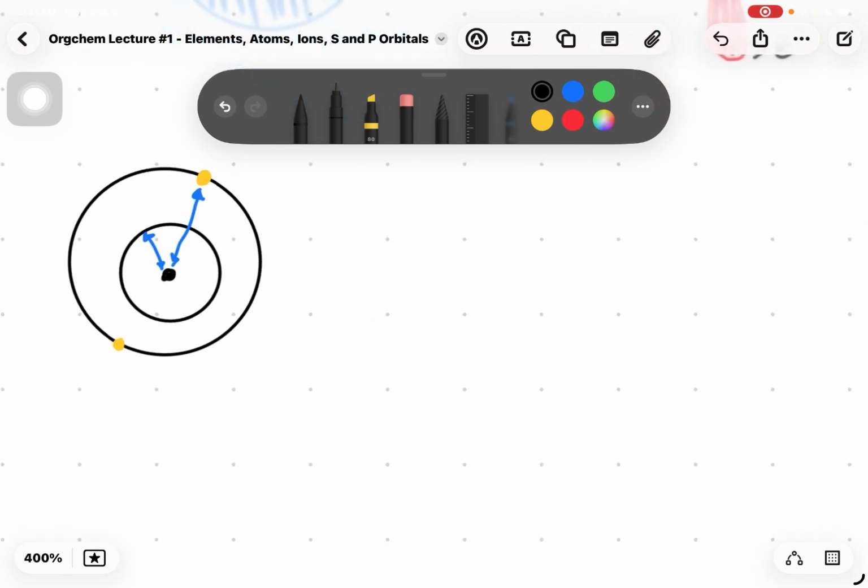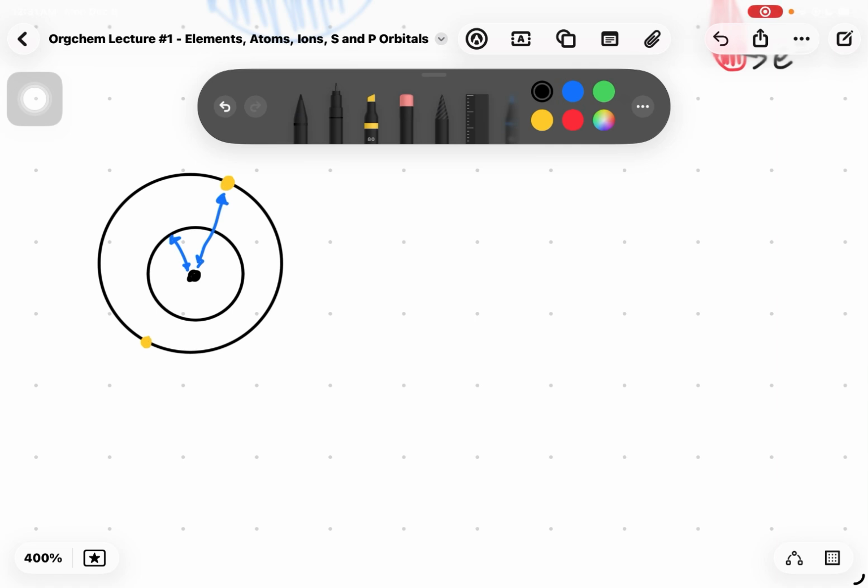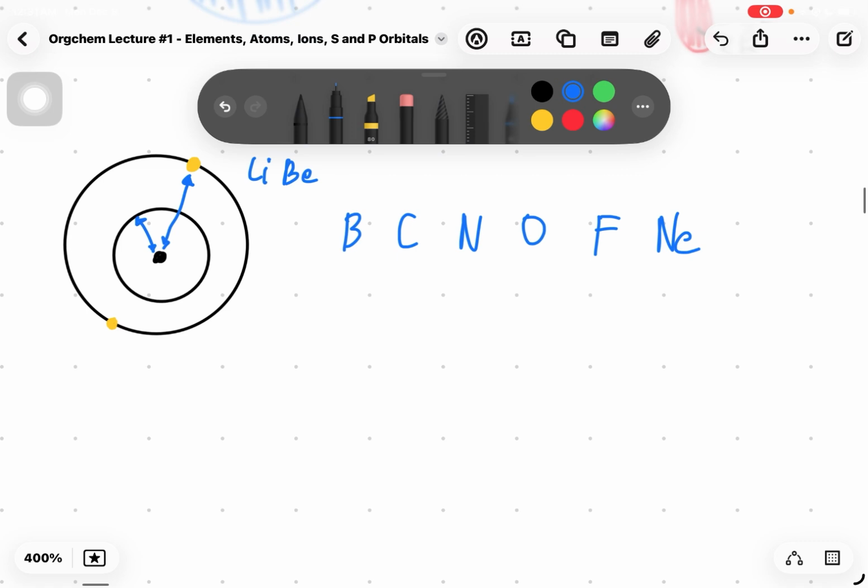So how do we know how many valence electrons an element has? Let's say we have the first row of the p block here. That's boron, carbon, nitrogen, oxygen, fluorine, and neon. Let's also include lithium and beryllium. Lithium, being in the first group, has 1 valence electron.